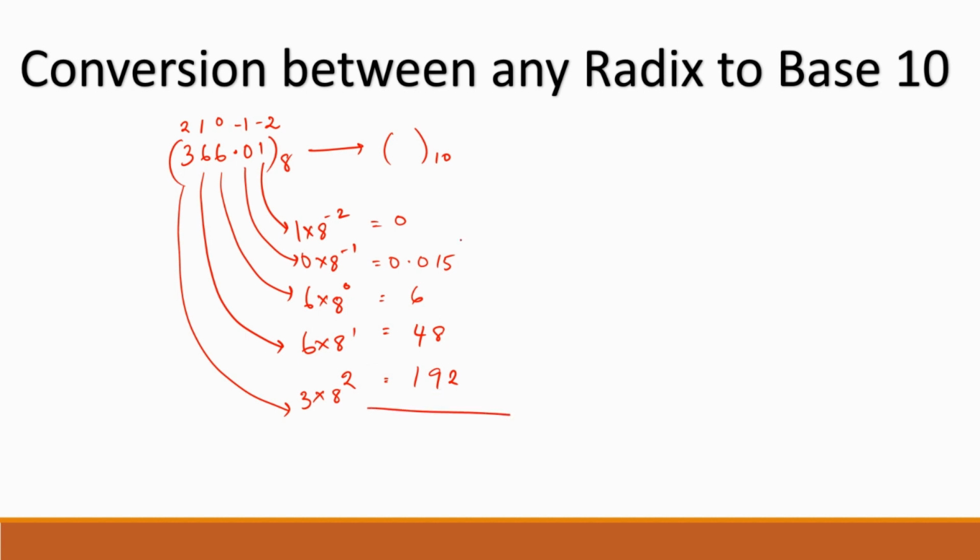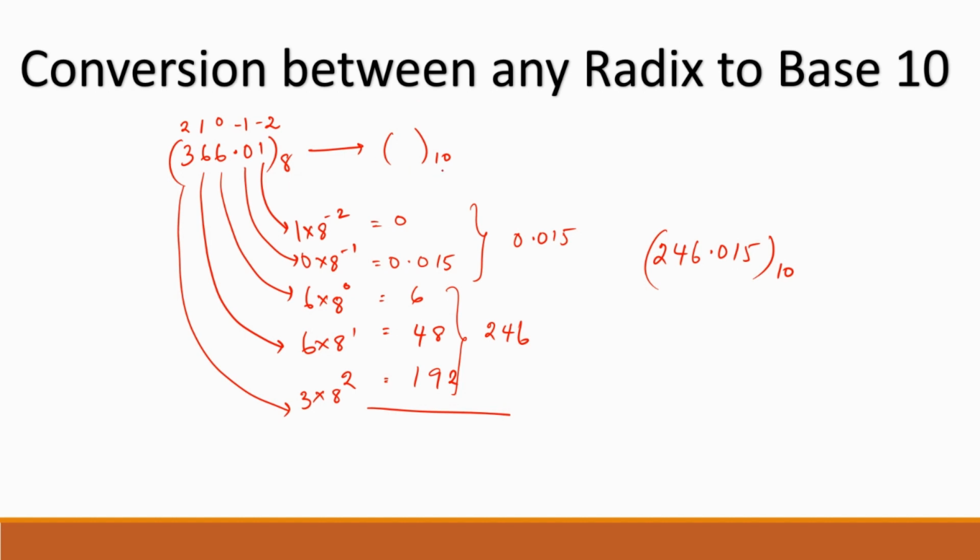Now we have to add up all this and we'll get our decimal number. The integer part turns out to be 246 and the fractional part is 0.015. So we get 246.015 to the base 10. This is how we convert a base 8 number to a decimal number.